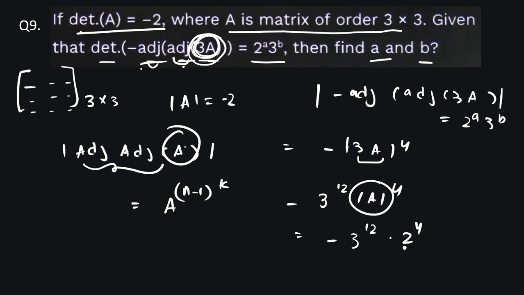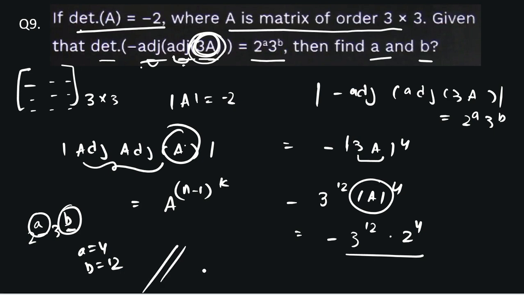So now we got the solution, but in the question they asked us to find 2 power a and 3 power b, value of a and b. So on comparing we get the value of a as 4, which is power of 2, and b is power of 3, which is 12. Therefore the values of a is equal to 4 and b is equal to 12. This is the solution for this question.